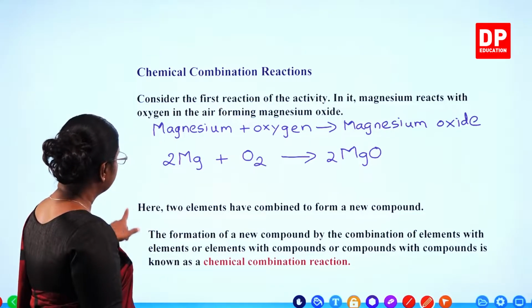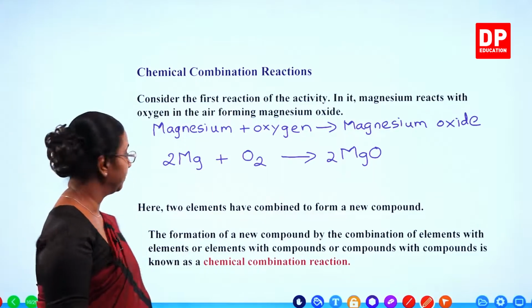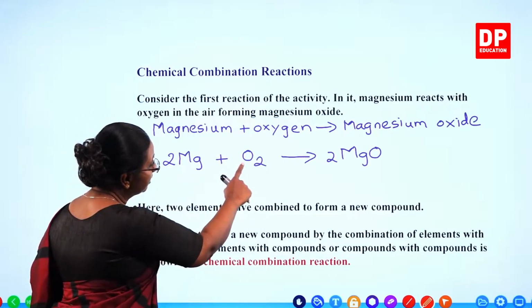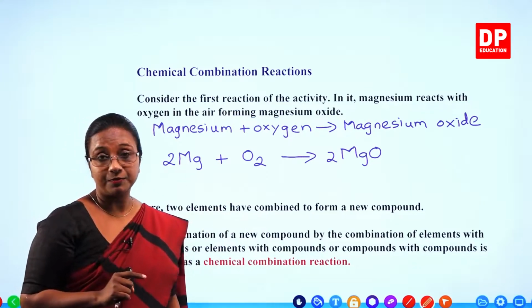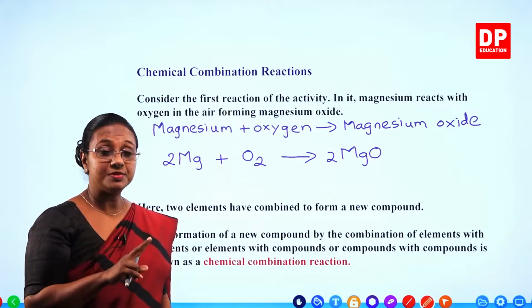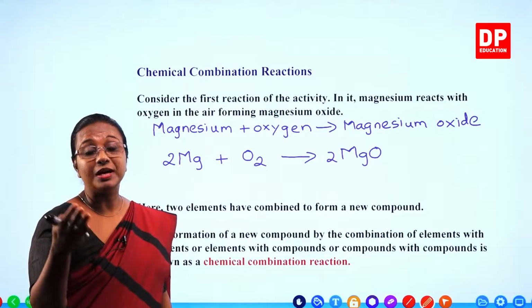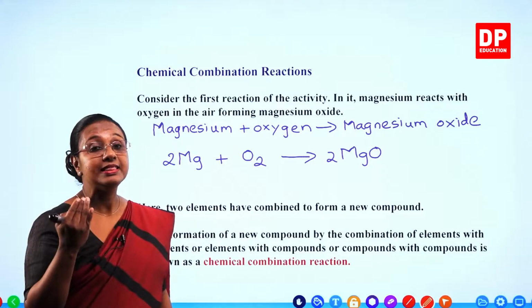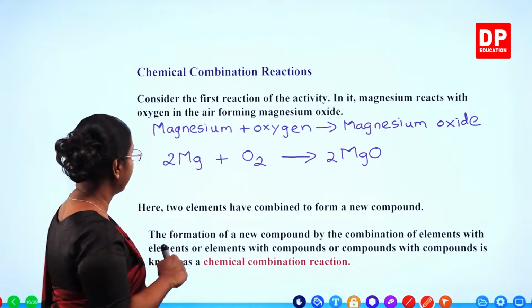Here 2 elements have combined to form a new compound. Magnesium is an element, oxygen is an element, and magnesium oxide is a compound. So, 2 or more elements combine and form a new product. That is the chemical combination reaction.